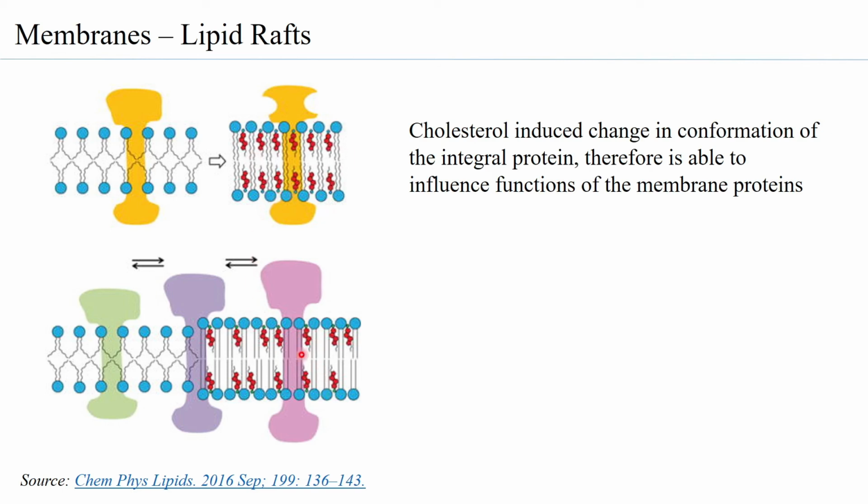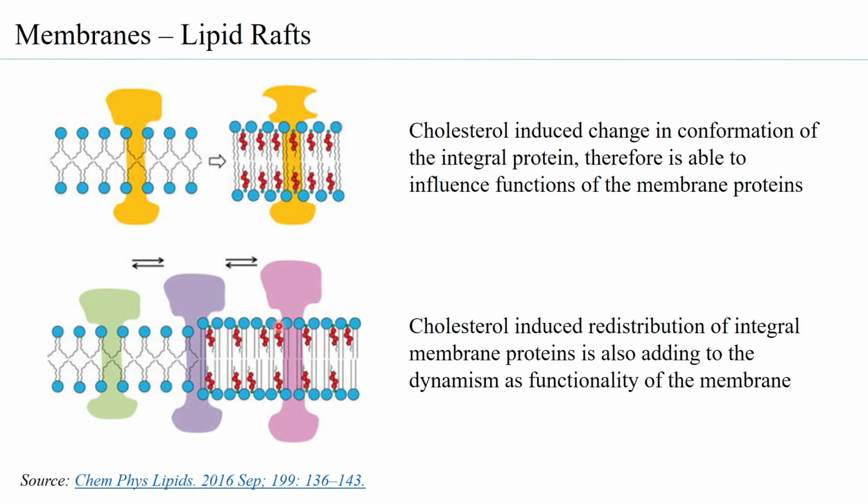Okay. Now, what can also happen is that the integral membrane proteins can be redistributed in the entire membrane, depending on the affinity of the cholesterol to bind to the integral membrane protein. So say, for example, you have this protein, which can change conformation, number one.